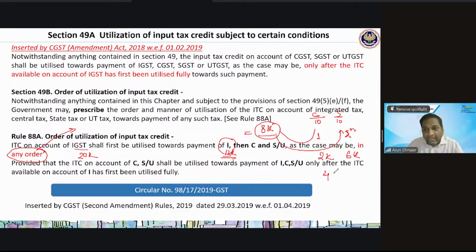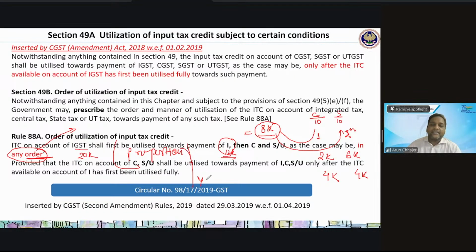Is it possible that I can give 4,000 to C and 4,000 to S? Can they divide proportionately also? Order means to whom to give first. They are saying in any order. Does the word any order include the word proportion?